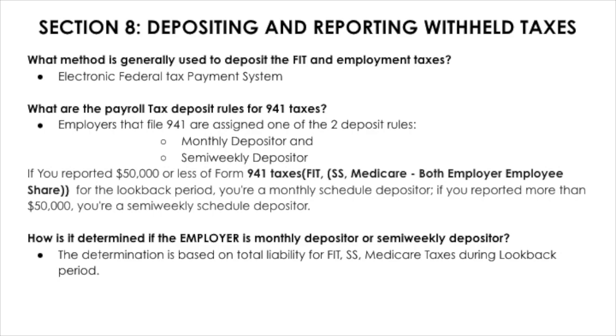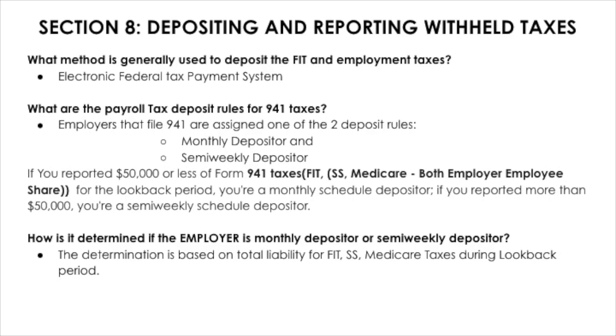If the employer reported 50,000 or less on the form 941 for the look-back period, then the employer is a monthly depositor. And if the employer reported more than 50,000, then the employer is a semi-weekly depositor.